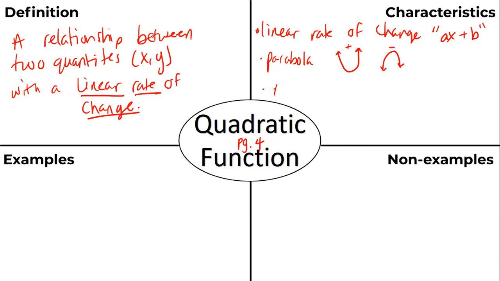And we're going to talk about the equations that represent a quadratic. So an equation in any of these forms. First, we're going to start with standard, which is ax squared plus bx plus c. Does that look familiar? Let's write f of x equals. Our next form is going to be called our vertex form. So we have f of x equals a times (x minus h) squared plus k.